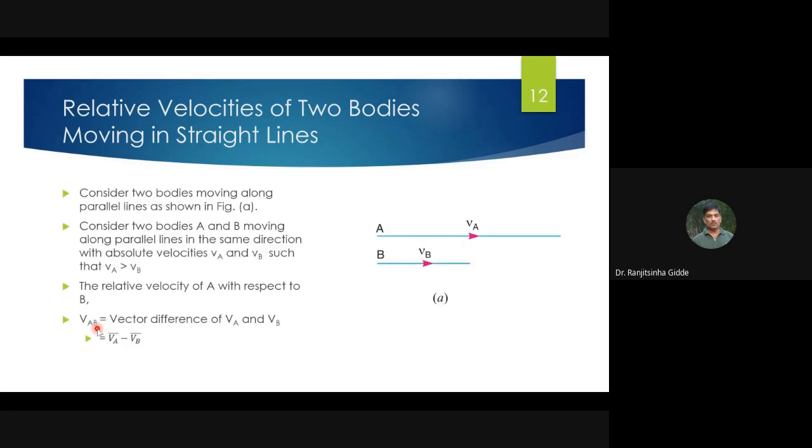So it is the vector difference of VA and VB. So how to take the vector difference?